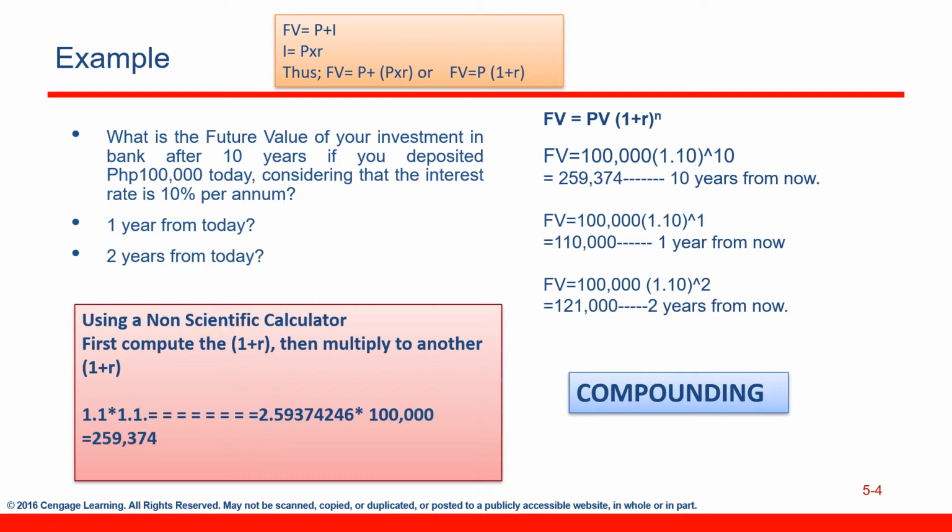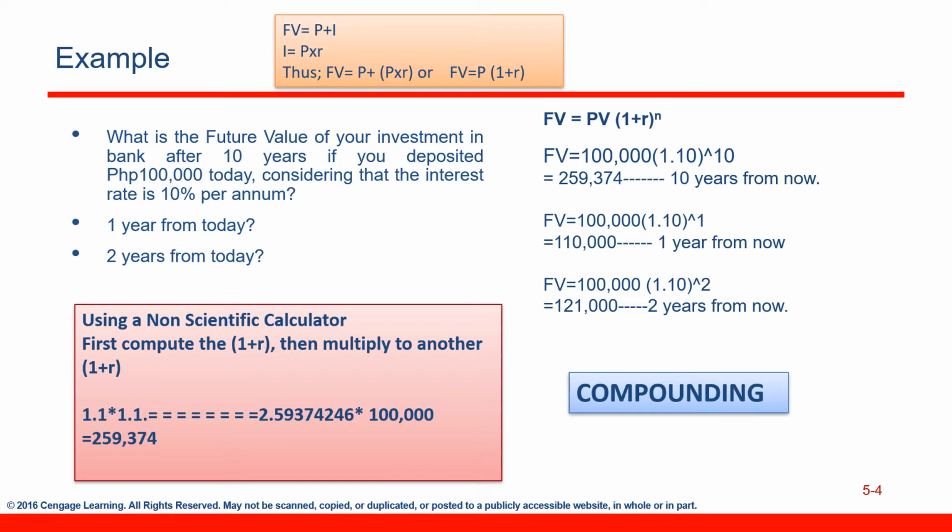So, our example here. What is the future value of your investment in the bank after 10 years if you deposited 100,000 today, considering that the interest rate is 10% per annum? Pero usually, hindi talaga yan 10% per annum in reality, no? When you are in the commercial bank, our interest is 0.05% or 1% per annum, which is very, very low.